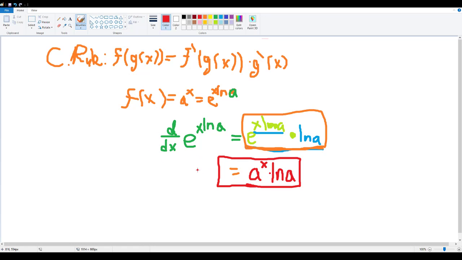And let's just write this out just for clarifying. There we go. So the derivative of a to the x is a to the x times ln a, and that's what we've shown through these proofs.